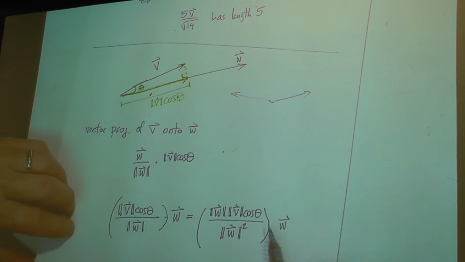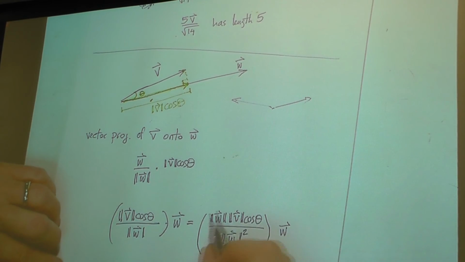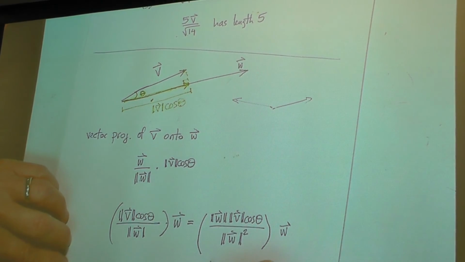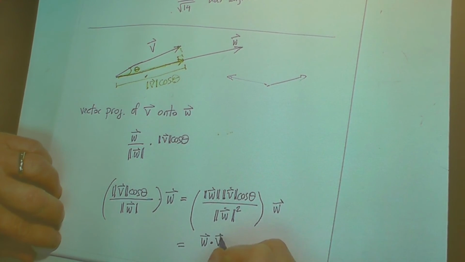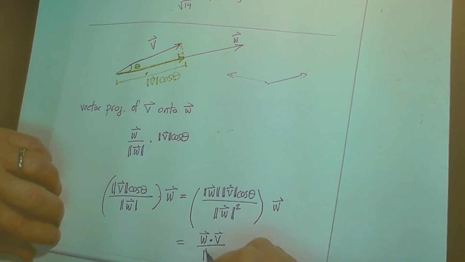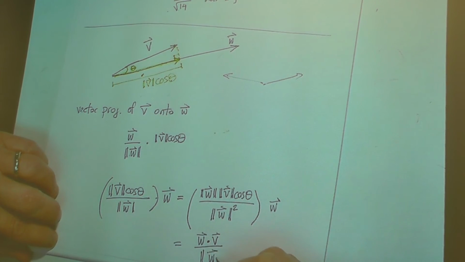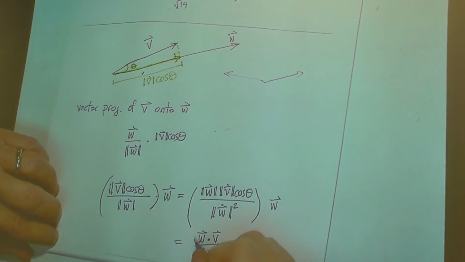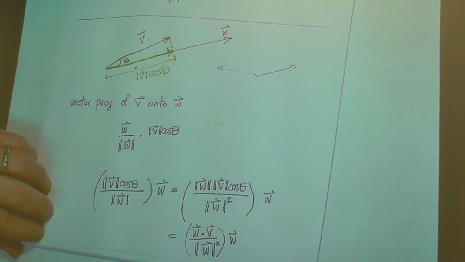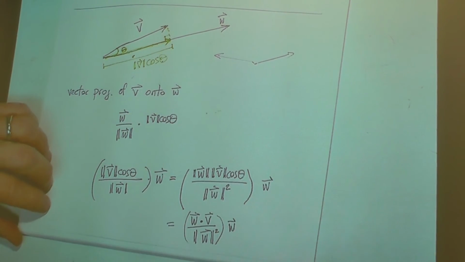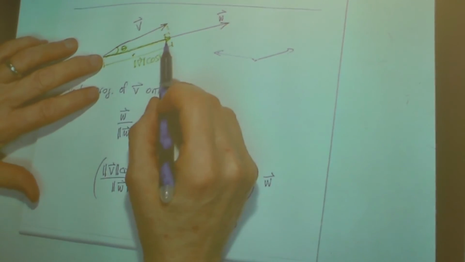Didn't change anything. And lo and behold, what I get up top is W dotted with V divided by the square of the magnitude of W. That's a number. It's multiplying the vector W. And that's the formula that will give you this vector.